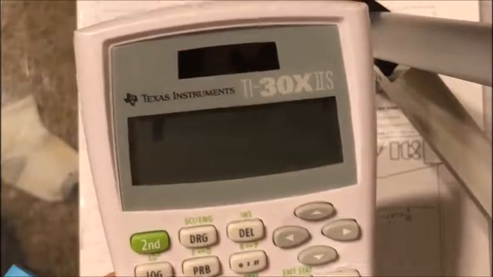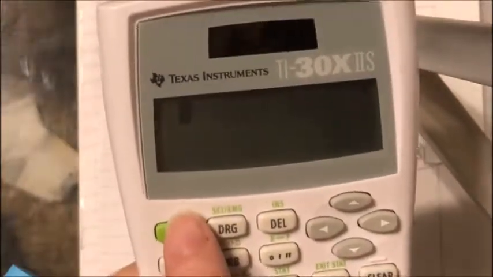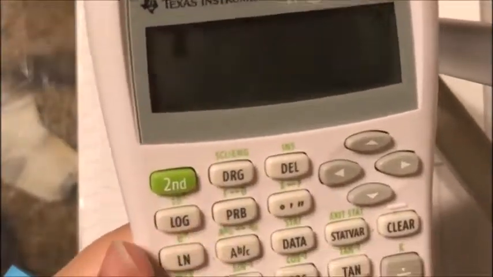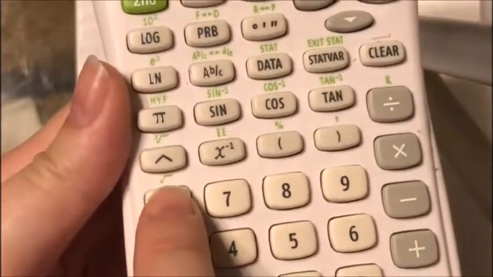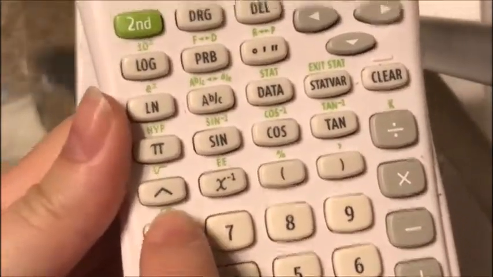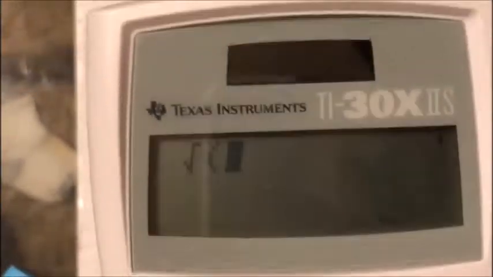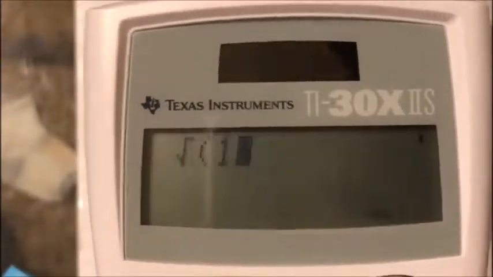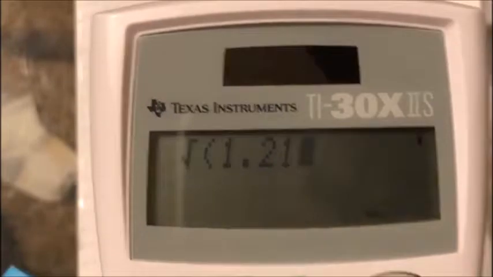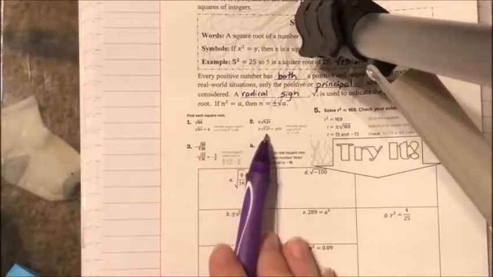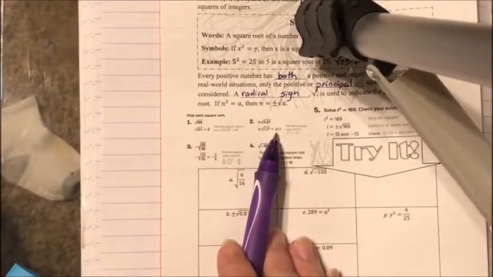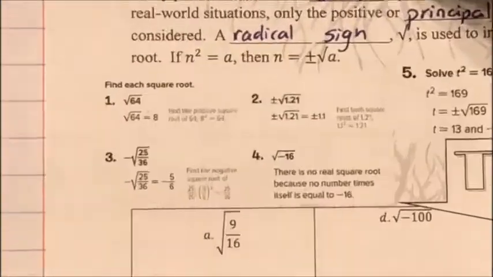So what I'm going to do is I'm going to hit the second button, and then I'm going to come down to where the square sign is. See that little green square root? Okay, so that gives me a square root, so you can see that symbol, 1.21. Close parentheses, press enter. I get 1.1. So my answer is plus or minus 1.1.